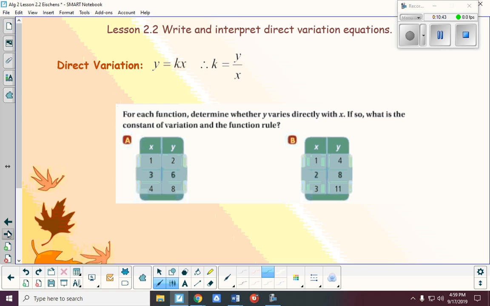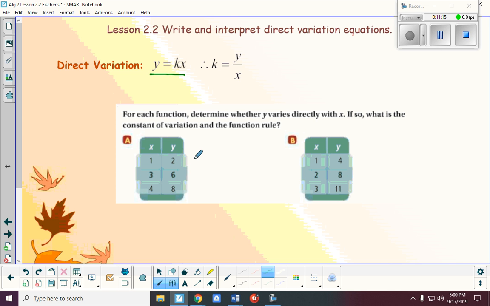So now, let's go back and look at the direct variation equation y equals kx, which means if you solve for k, divide both sides by x, k equals y over x. So with direct variation, k is always equal to y over x. So for each of these functions, we have to determine whether y varies directly with x. If they do, the constant of variation would be the same for each pair here. So what we do then is we look at the constant of variation for each pair.